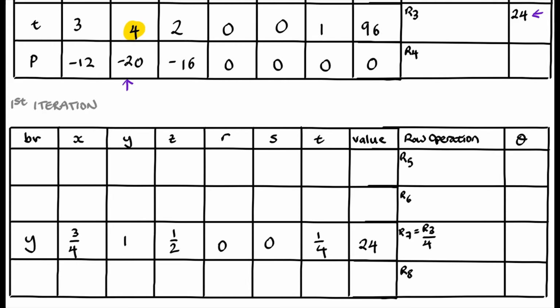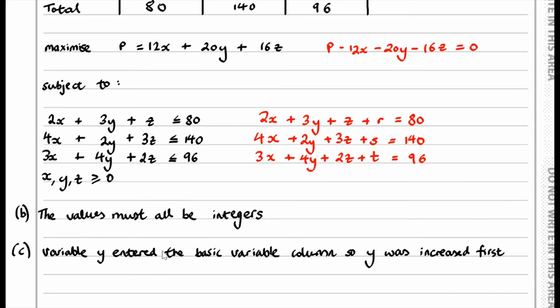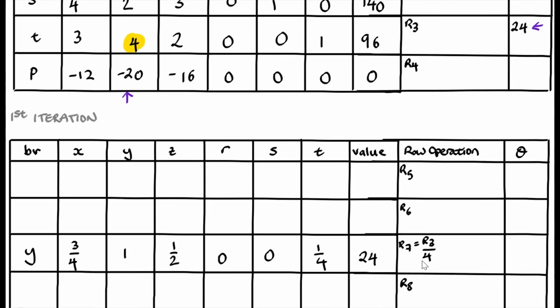Okay, so in terms of our answer to part C of the question, we have the following. We have variable y, which entered the basic variable column, and so y was increased first.